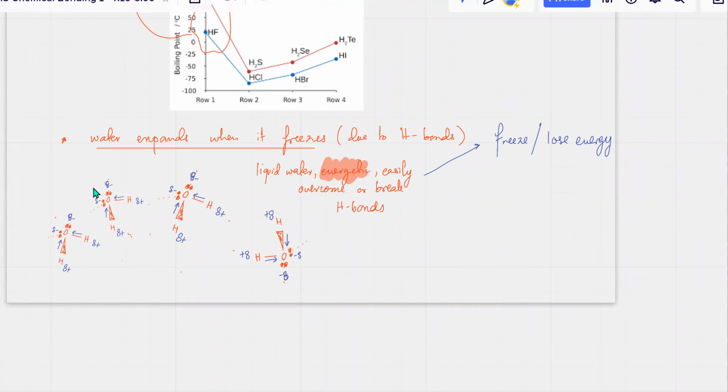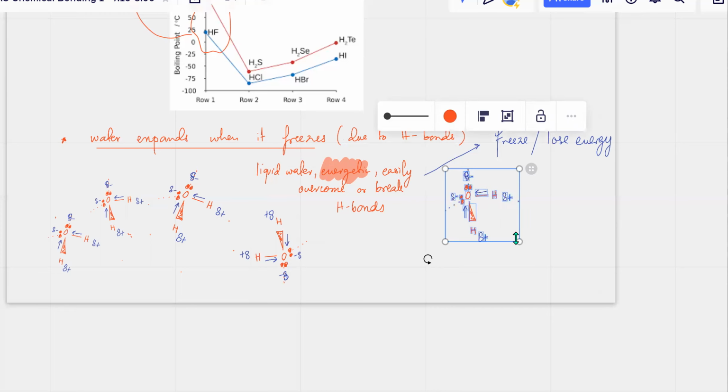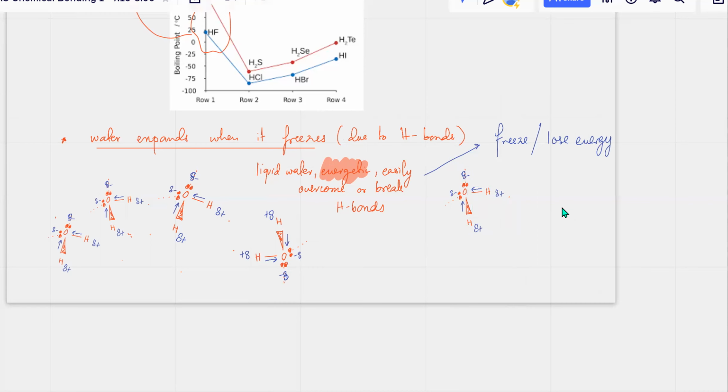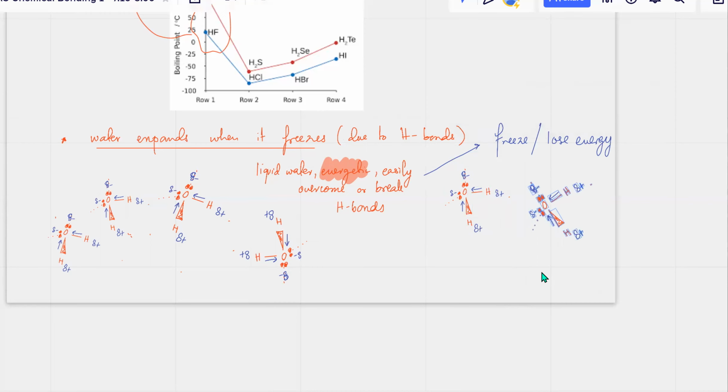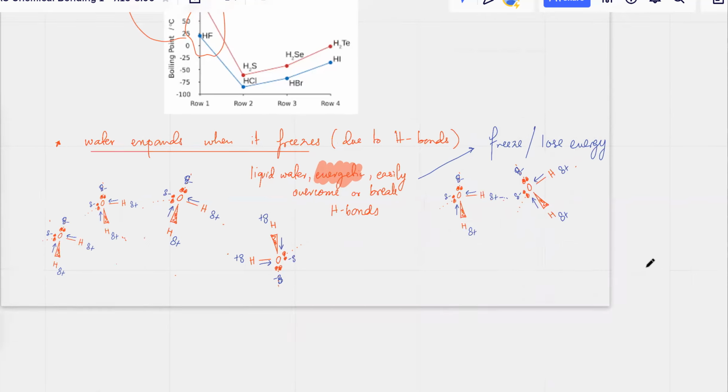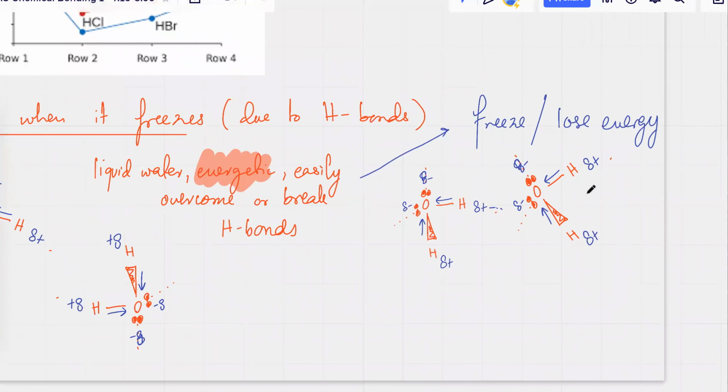So what happens is, if you've got a water molecule, then a crystalline structure would start forming because the other water molecule will not be able to escape, because it's not energetic enough. So the other water molecule's positive part and negative part all stick together, because this molecule has now lost energy, so it can't break this attractive force.